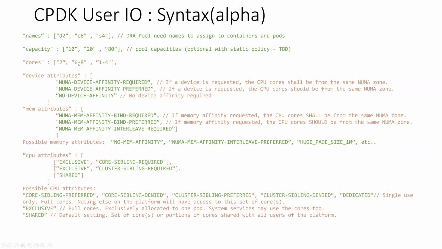But the other option is, if we introduce this optional capacity field, we can set the CPU set over a pool of 20 cores. And this becomes even more interesting with shared. For the shared pool, this most probably makes the most sense.